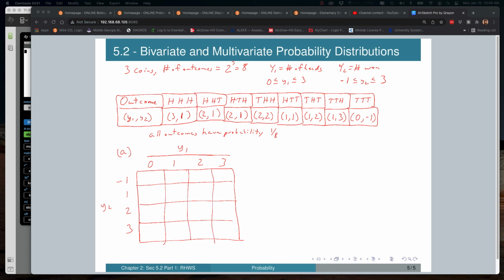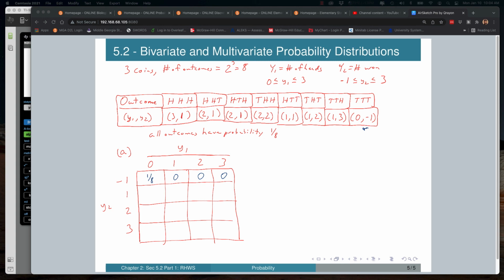We go through and see if there's anything there. We do have a (0, -1). It only occurs once, so this gets a 1/8. We don't have a (1, -1) anywhere, so that gets a 0. We don't have an ordered pair (2, -1) anywhere, so that gets a 0. And we don't have a (3, -1), so that gets a 0.